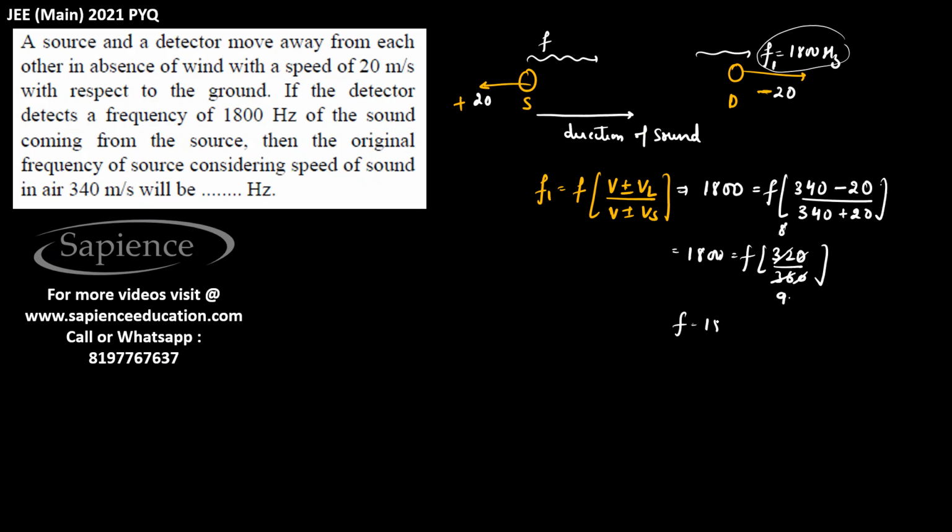So F will be 1800 into 9 by 8. Answer. Let's move to the next question.